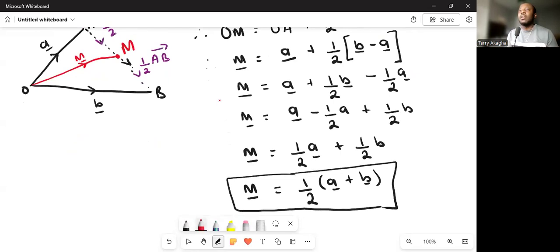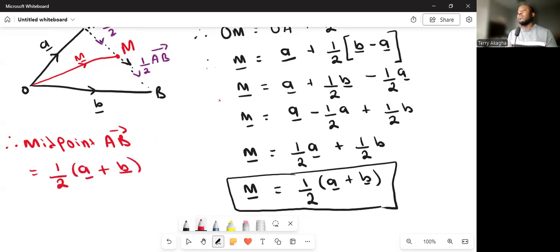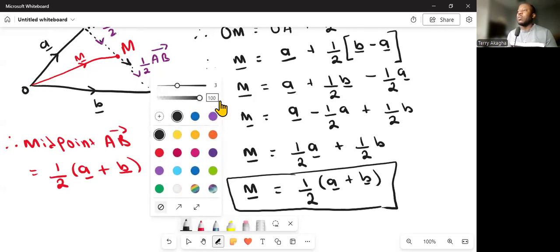So we can say, therefore, the midpoint of AB will be equal to 1 over 2(A plus B). All right, and that will be the answer for that. Good.